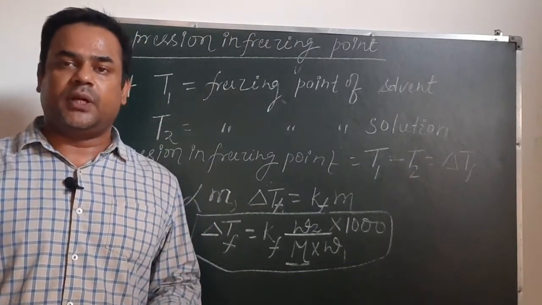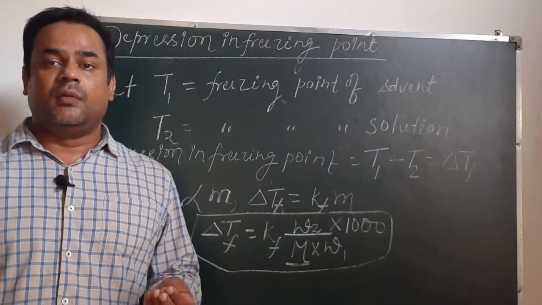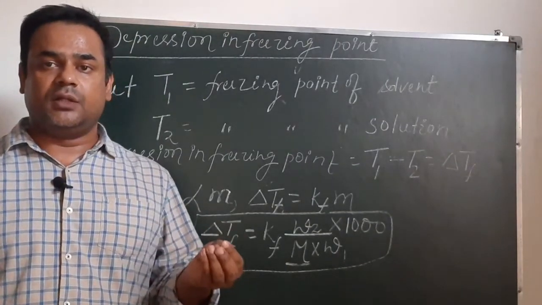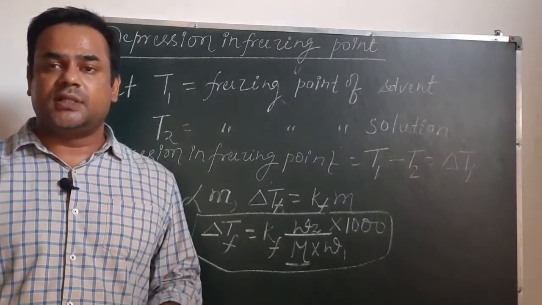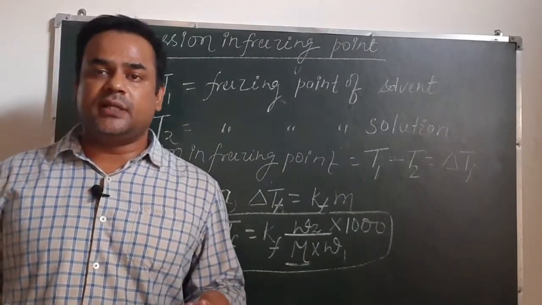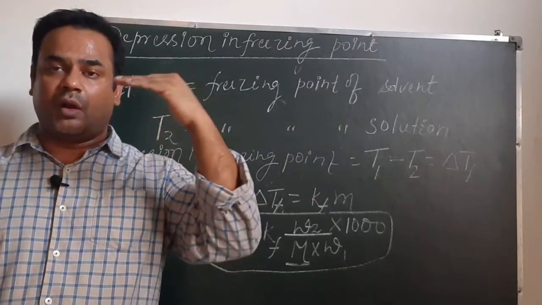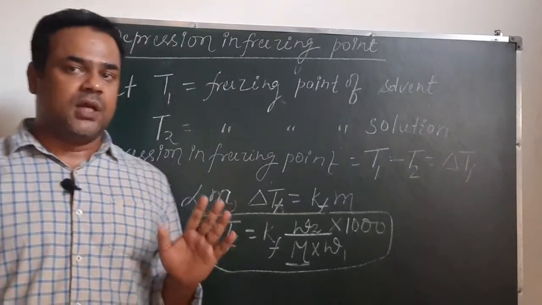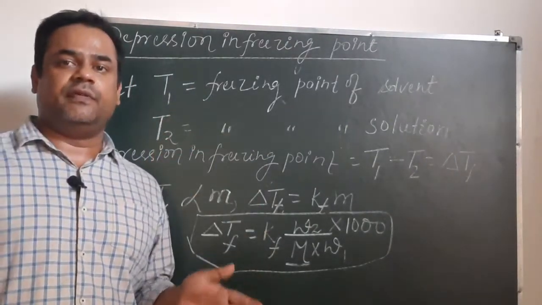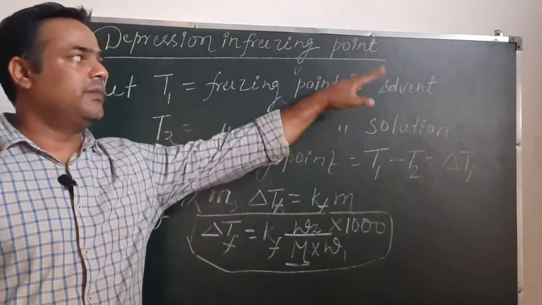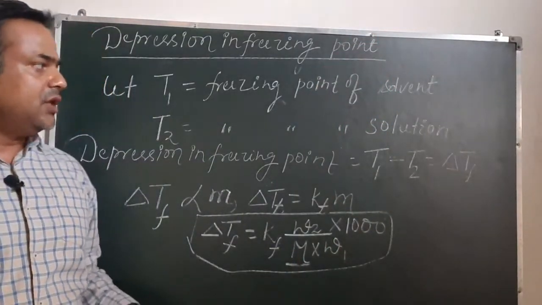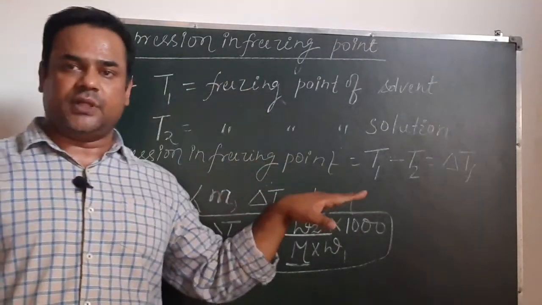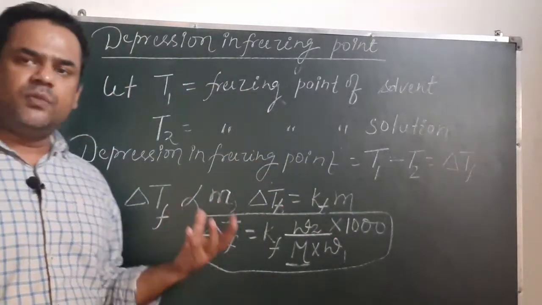That may be minus 0.15 degree Celsius, maybe minus 1, maybe minus 2, minus 3 degree Celsius, but it will always be lower than 0 degree Celsius. So this decrease in freezing point of pure solvent when it is converted into solution is known as depression in freezing point.